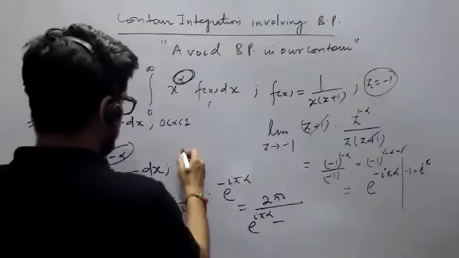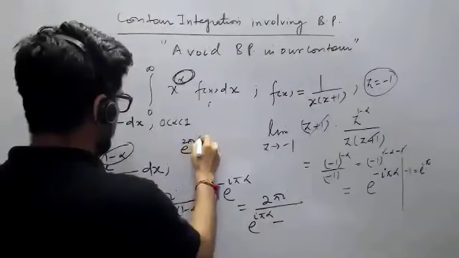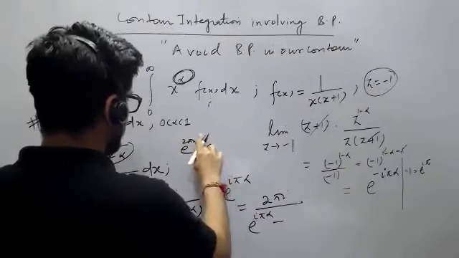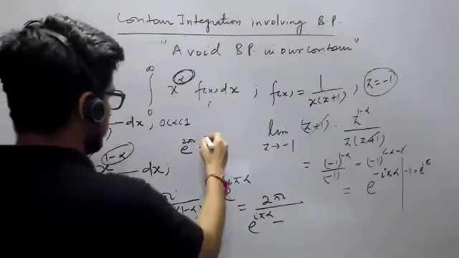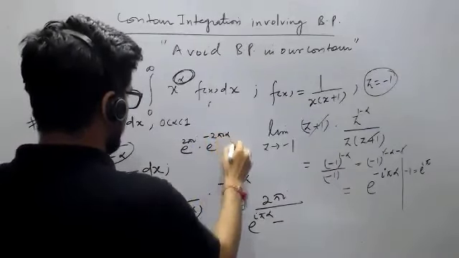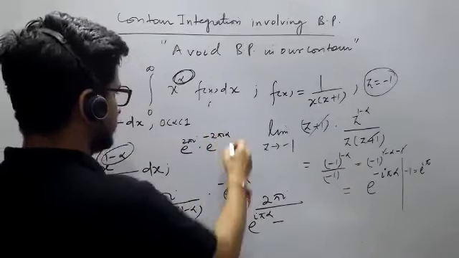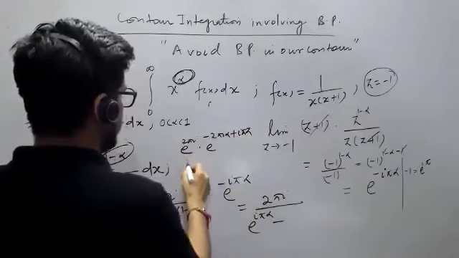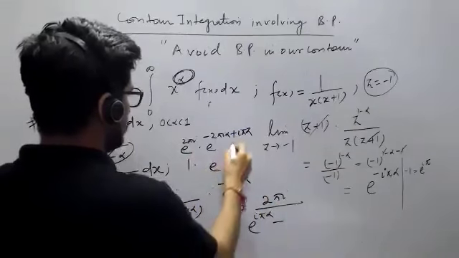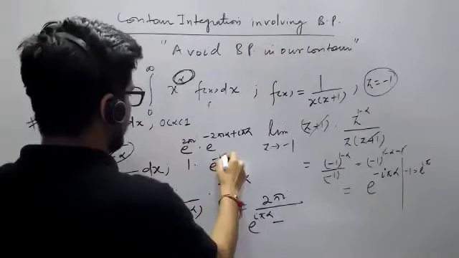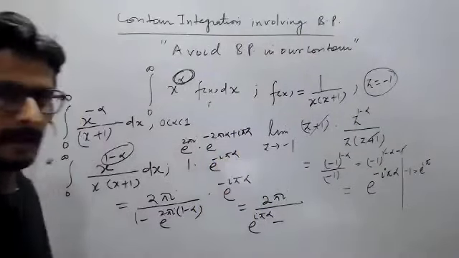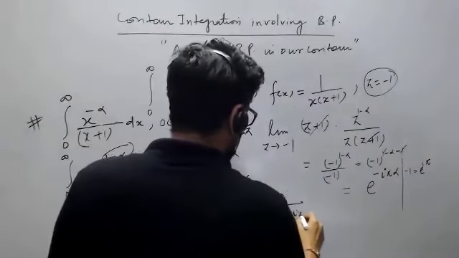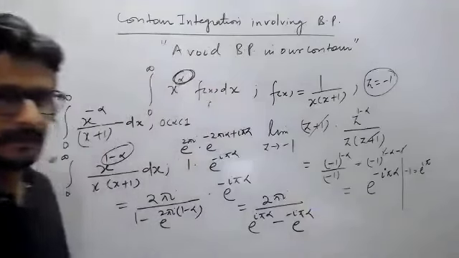See this, e to the power 2 pi I into e to the power minus 2 pi I alpha plus I pi alpha. So this is 1 into minus I pi alpha. So it will become e to the power minus I pi alpha.